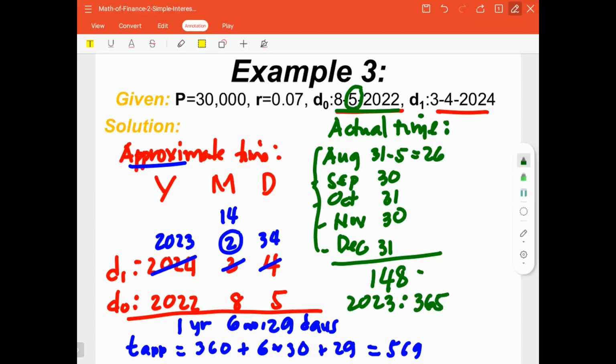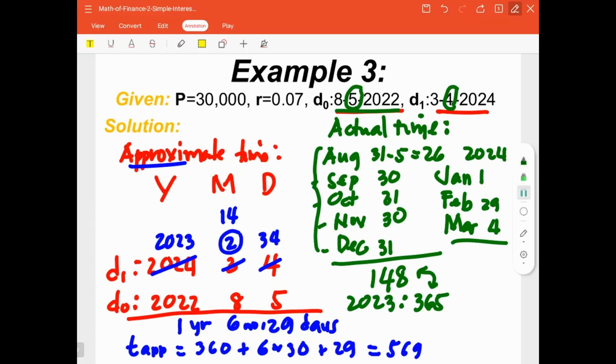So, we'll add this later to the 148. We still need to have the remaining portion of the time period, from the year 2024. We start with January 1, okay? Then February until March. Again, for the maturity date, write the 4 right away. Now, February 2024 is a leap year, so this must be 29.